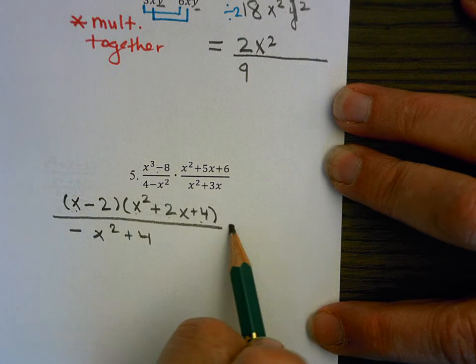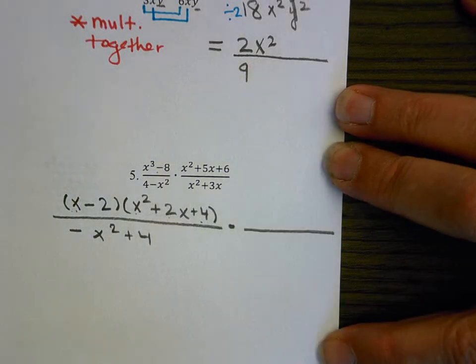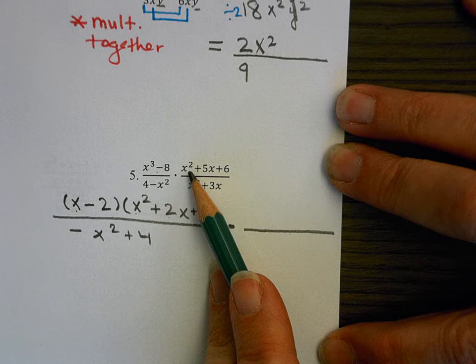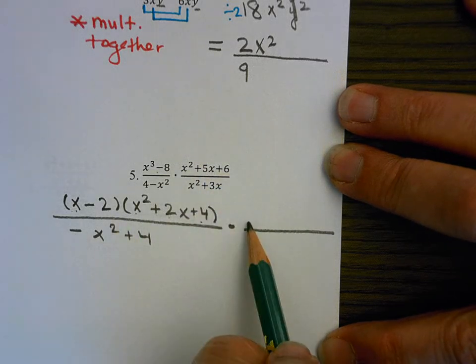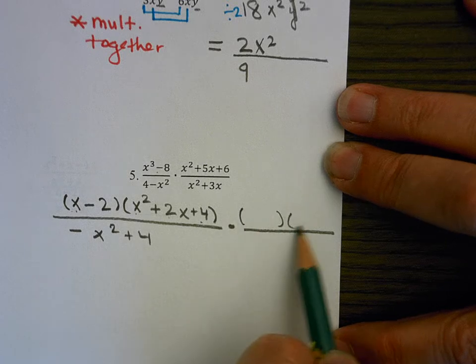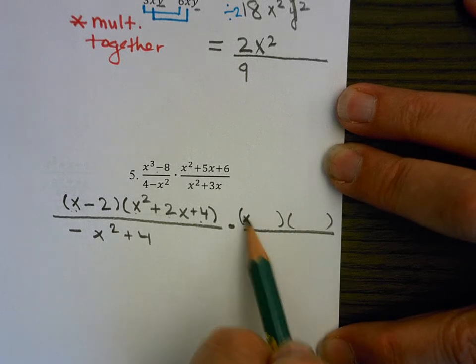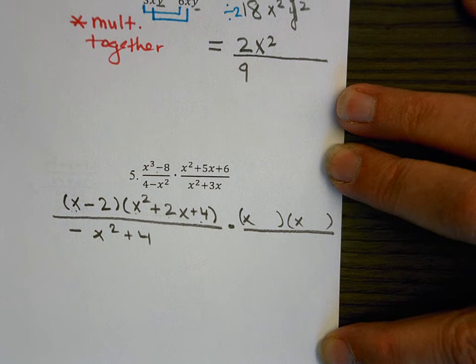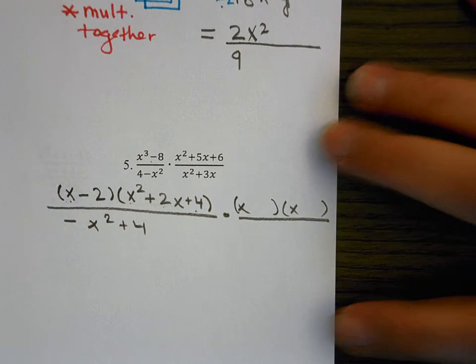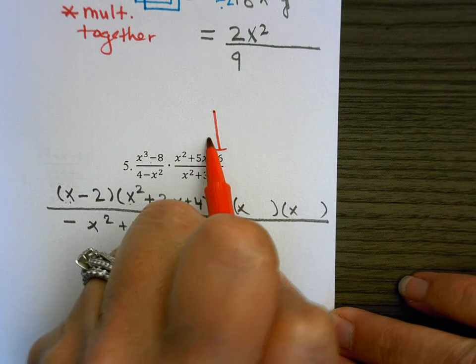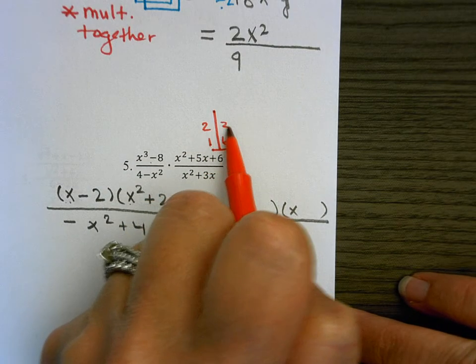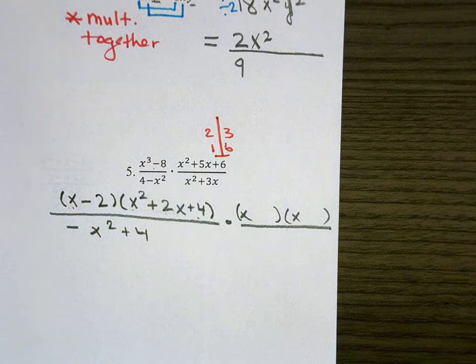And then over here, I'm going to do guess and check, right, because I have a trinomial. So for that, 2 binomials. So x squared would be x and x, and then my factors of 6 are 1 and 6, or 2 and 3. And they can either both be positive or both be negative, right?